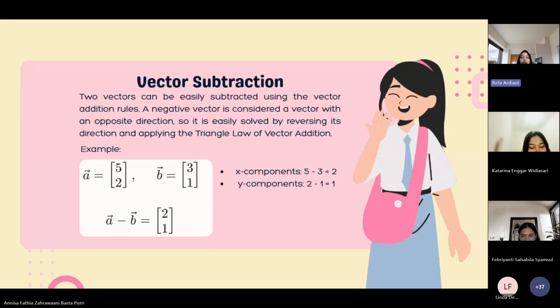So we subtract them. 5 minus 3 equals 2. Next, the y component of vector A is 2, and the y component of vector B is 1. So we subtract them. 2 minus 1 equals 1. So vector A minus vector B equals (5 minus 3, 2 minus 1), which is (2, 1). Therefore, the resulting vector is (2, 1). Okay, next slide.